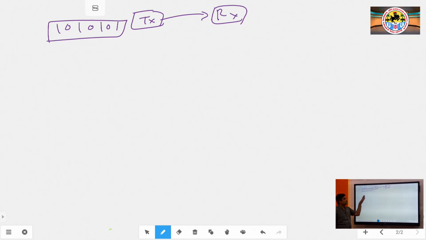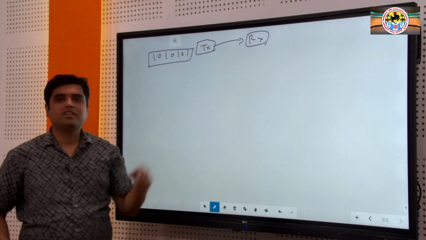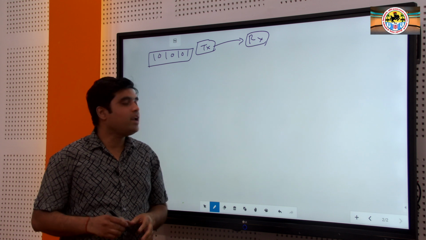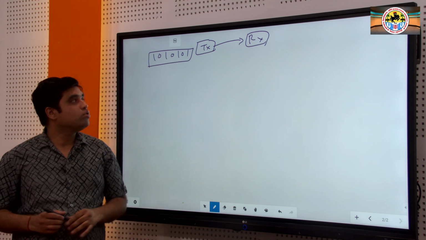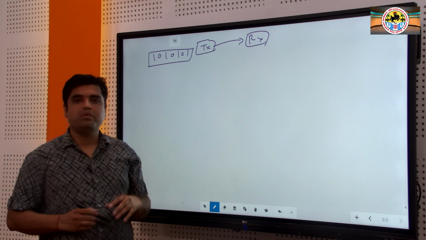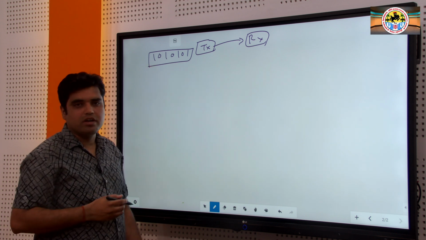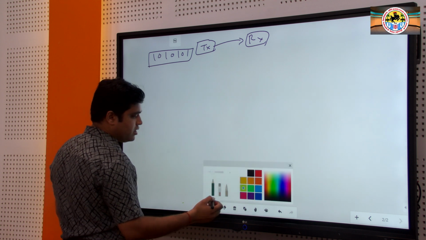So, here is a transmitter and this is receiver. Between this transmitter and receiver, there is a channel which is noisy and which can add error in any bits. So, any of these bits can be corrupted, and corruption of a bit means the bit can be altered. Let us check.